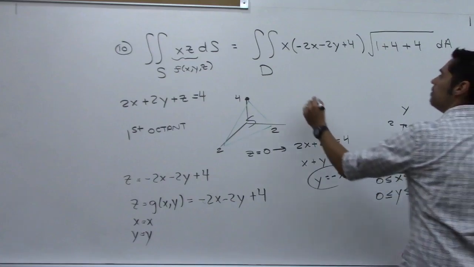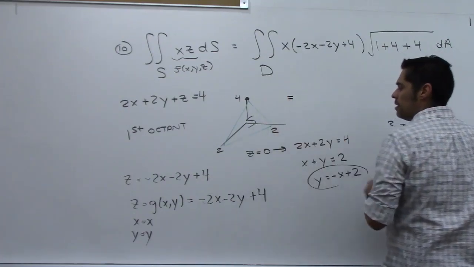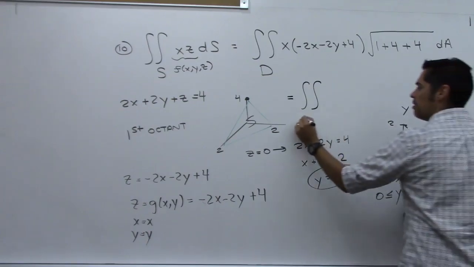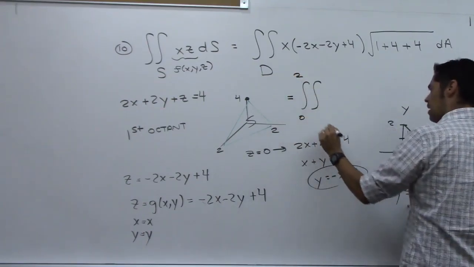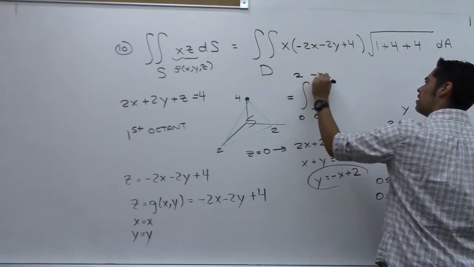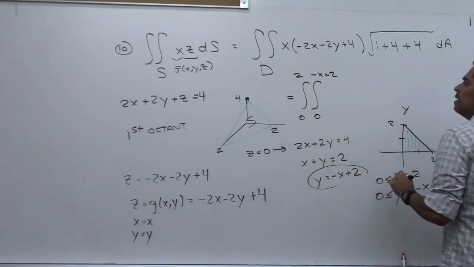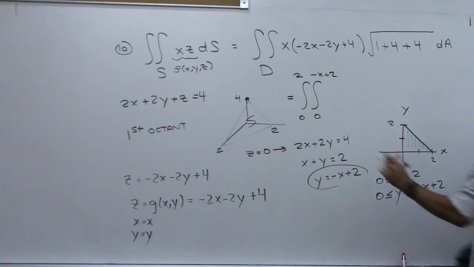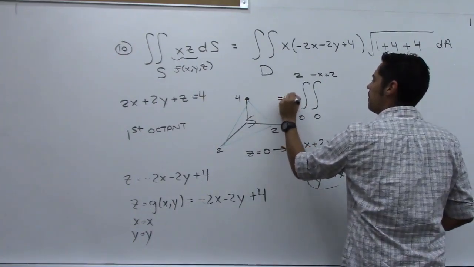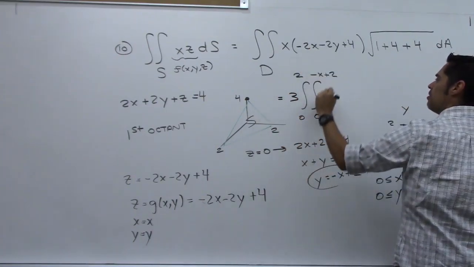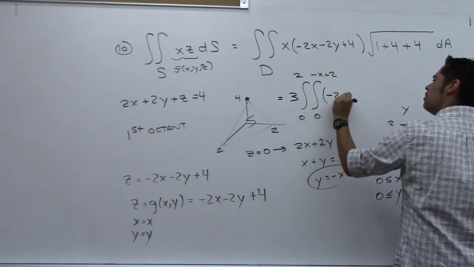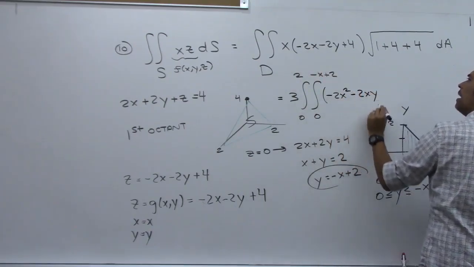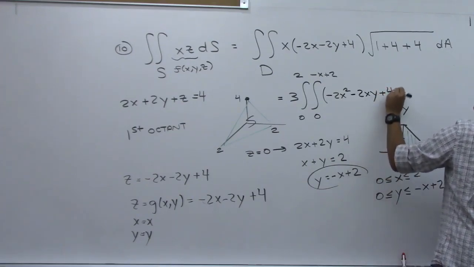And this becomes a double integral. We can put the limits of integration in here, 0 to 2, and then 0 to negative x plus 2. What is that? Root, that's 8, 9. Hey, that's a 3. Let me pull the 3 out. 3. And then distribute through here, we get negative 2x squared minus 2xy plus 4x.